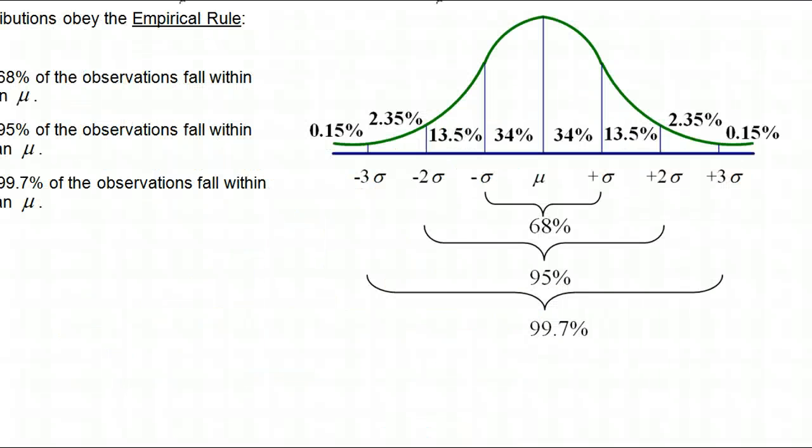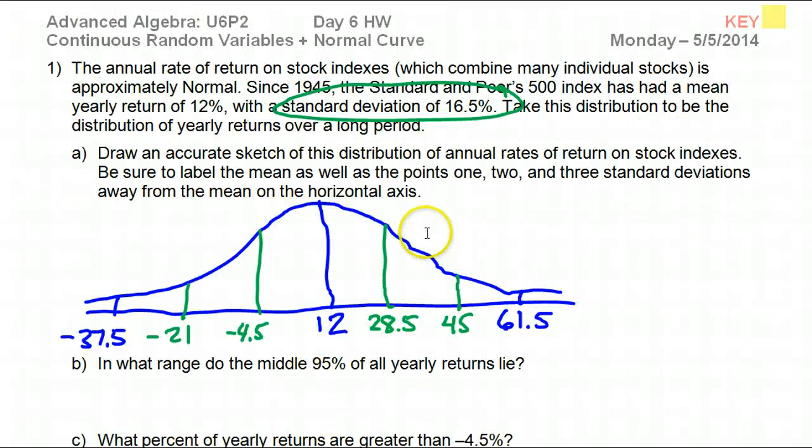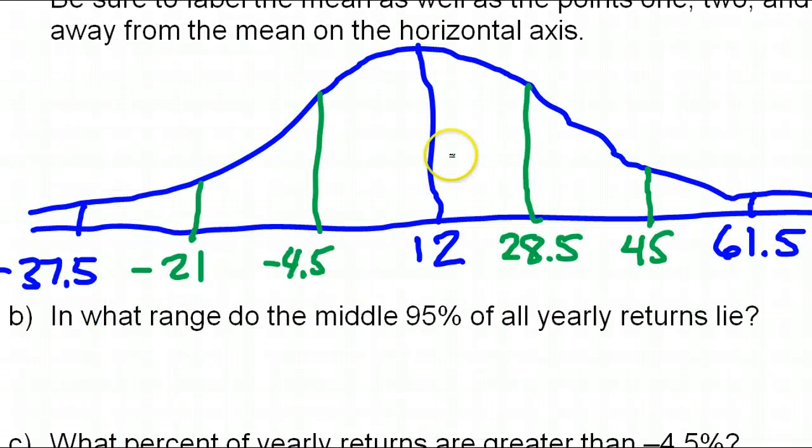Now, you really want to memorize all of the numbers on this chart, okay? So just from memory, you should be able to fill in these percentages representing each portion of this graph. All right, for example, from memory, I know that this portion of the graph represents 34% of the data.